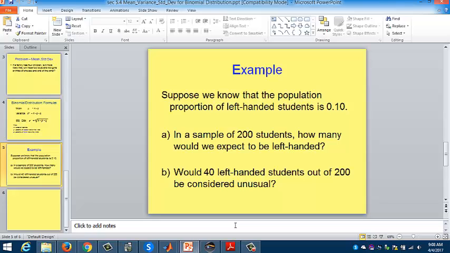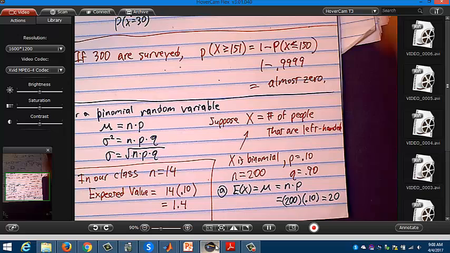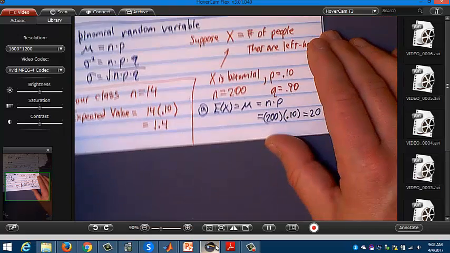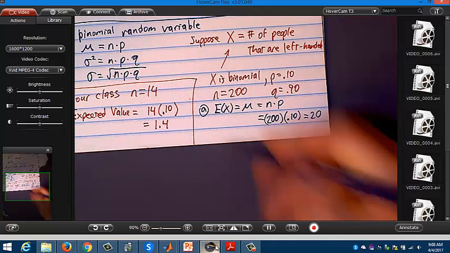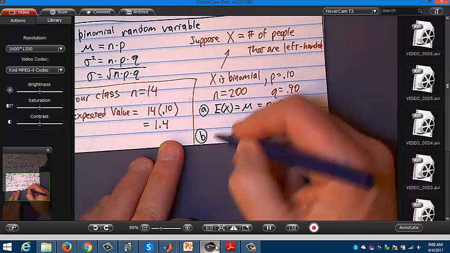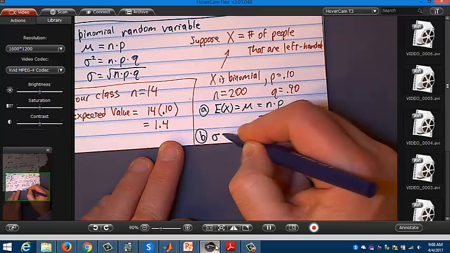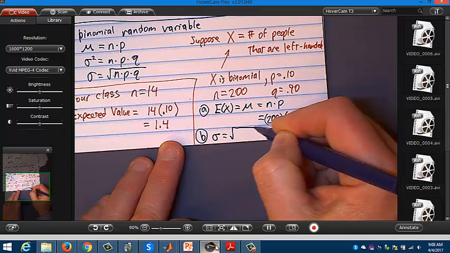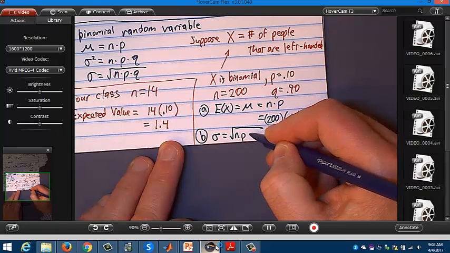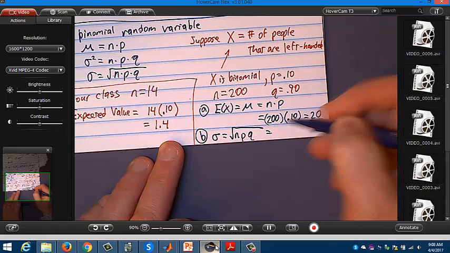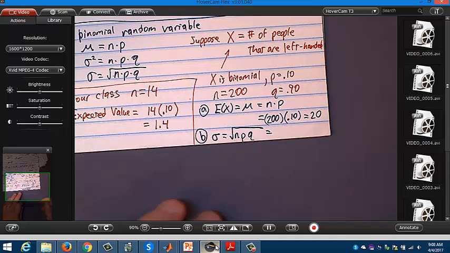Okay? So, I guess what I want to do is I want to compute the standard deviation. Let's do that. I'm almost out of room, but I have just enough room to maybe finish it up here. So part B, let's compute sigma. That's the square root of n, p, q. And let me use my calculator for that one.